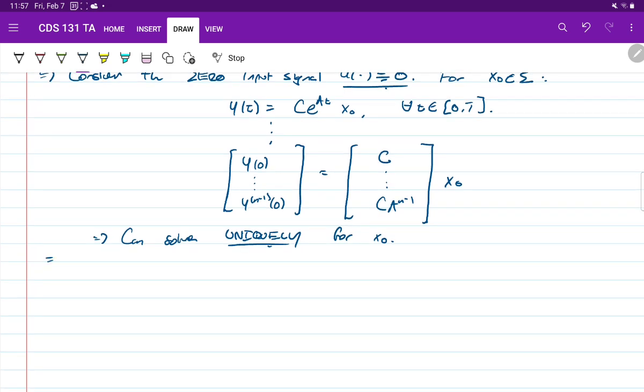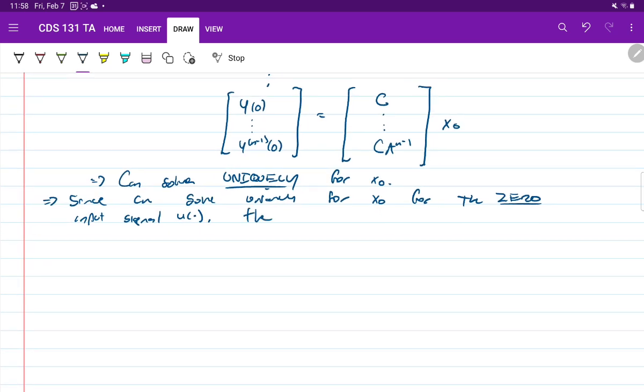And as a consequence of this, since we can solve uniquely for x0 for the 0 input signal, u, that means that the system must be observable, okay?